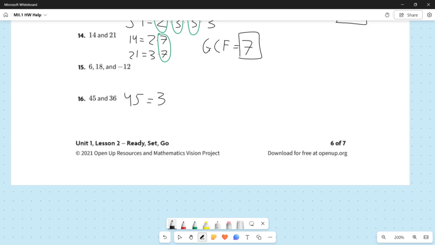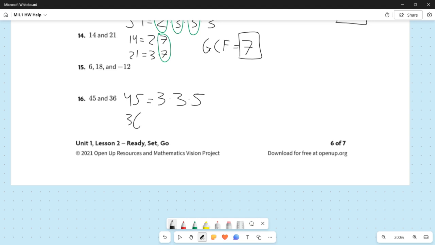If you take your calculator and do 45 divided by 3, you should get an integer. That tells you that 3 is a factor. The integer that you get is a 15. You have to continue to break down 15. 15 also has a 3 in it. And when you divide a 3 out from 15, you're left with a 5. And 5 is prime, and so that means you are done with 45.